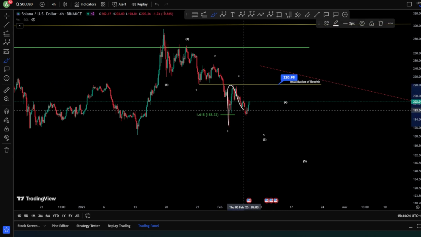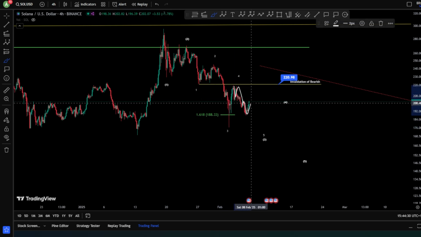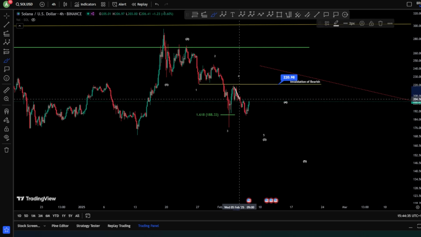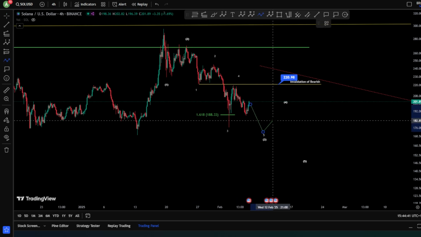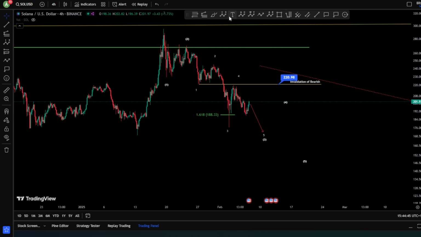So this scenario can be possible unless your wave 4 is already finished and we're looking at 1, 2, 3, 4, 5, possibly finished, because we are looking at an impulse here. So there's a higher possibility that it has finished, and you're looking for a wave 5 towards the downside to finish also this impulse 4 and a 5.